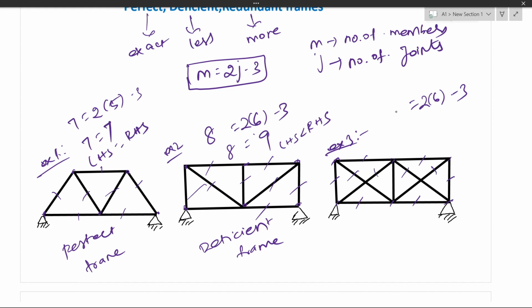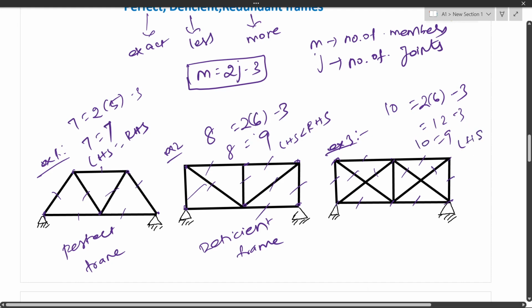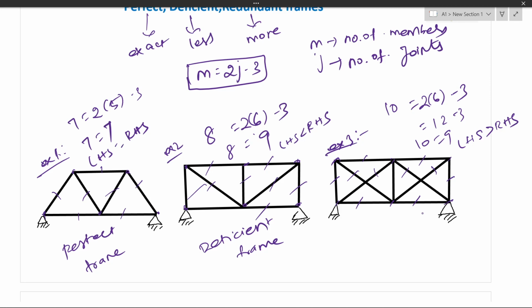It has 10. So 12 minus 3 equal to 9, and members is 10. Here LHS is greater than RHS, which means that it has more members than required. So it is a redundant frame.